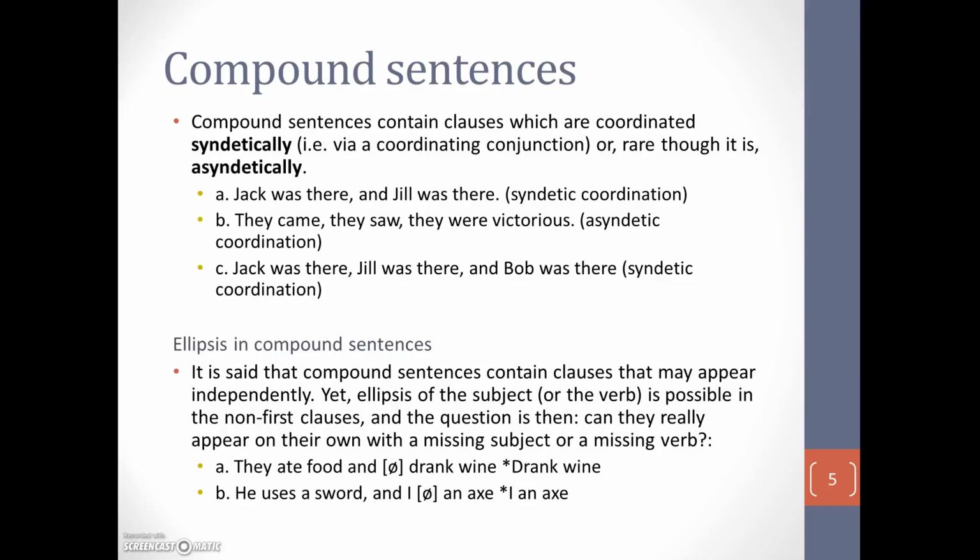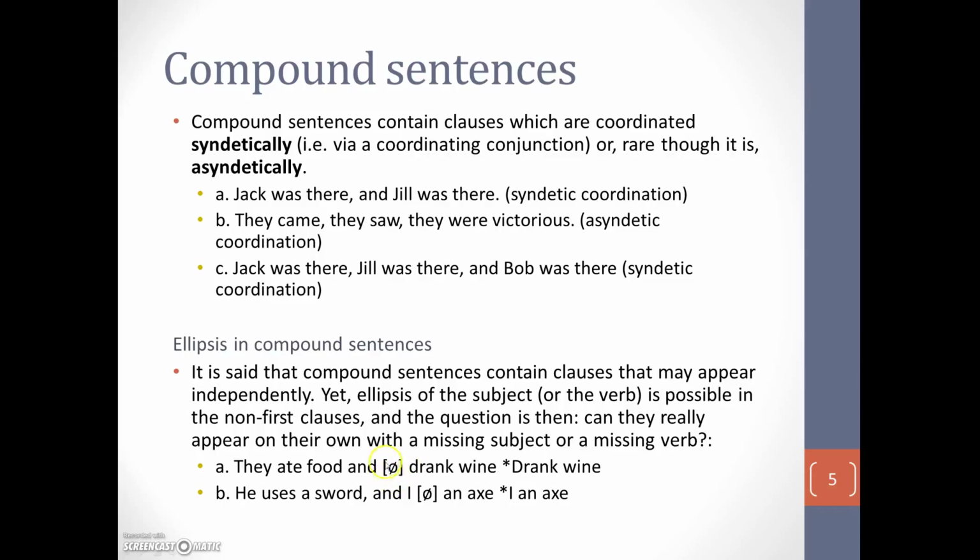But if you have ellipsis of the subject or the verb in the non-first clauses, so the second one or the ones later, then the question is whether they can really occur on their own. We can see that here at the bottom with A and B. We can say "They ate food and drank wine." Here the empty category indicates that we have left something out.